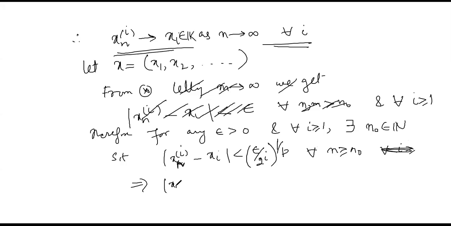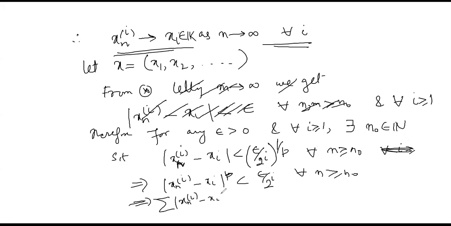That means |xni minus xi| raised to power p is less than epsilon by 2 raised to power i for all n greater than or equal to n naught, which implies that the summation of |xni minus xi| raised to power p is less than the summation of epsilon times 1 by 2 to the i, where i runs from 1 to infinity, for all n bigger than or equal to n naught.